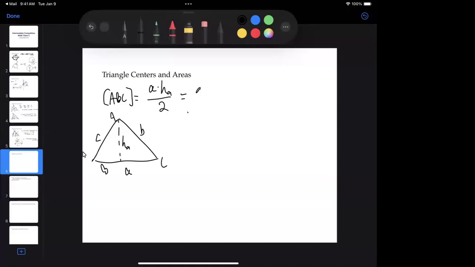But it's also equal to AB sine of C over 2, where sine of C is the sine of this angle. If you know what sine of C means, it makes sense, because sine of C is height divided by B. So they're equal. It's also equal to the radius of the inner circle times the semi-perimeter.